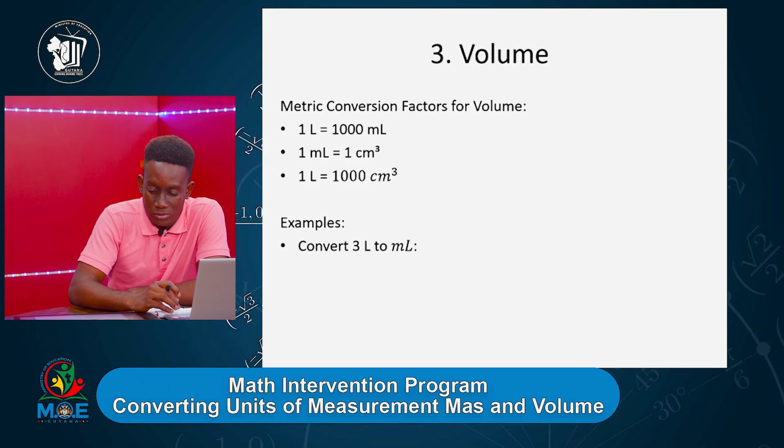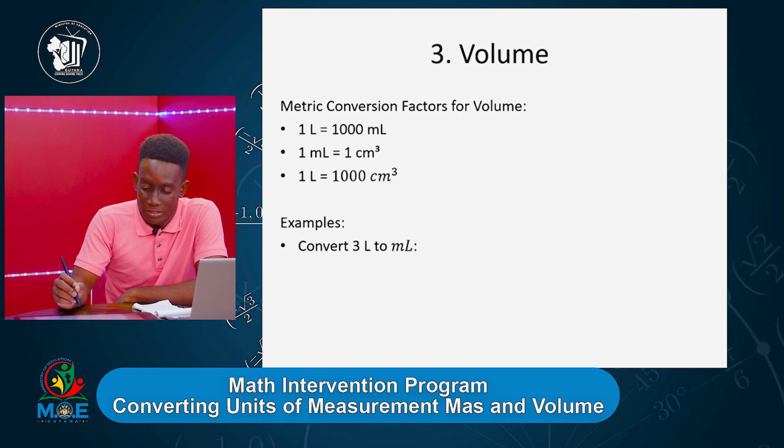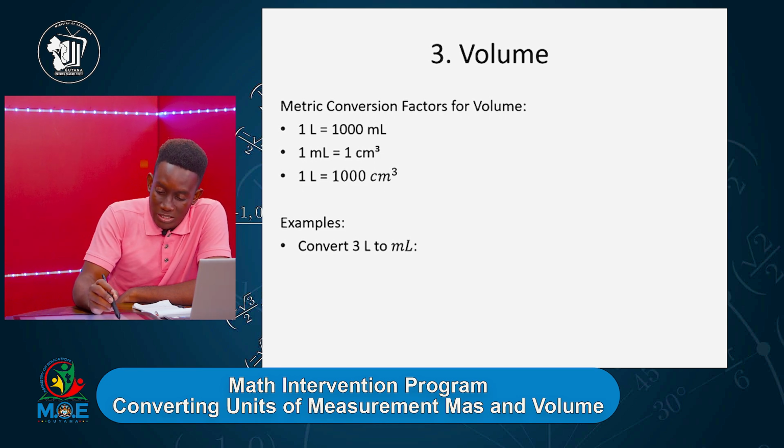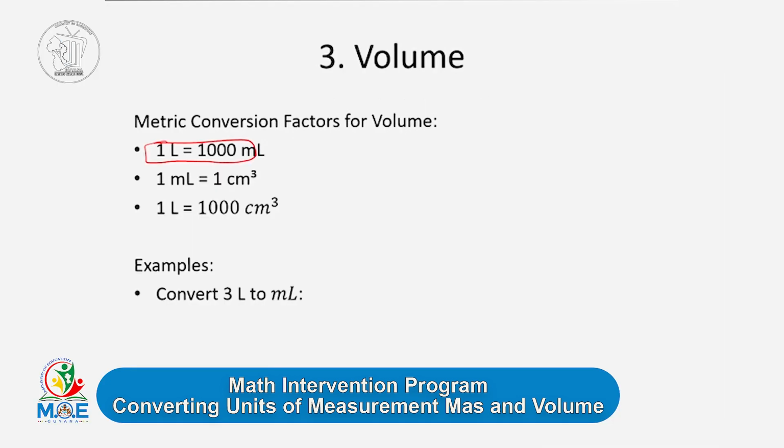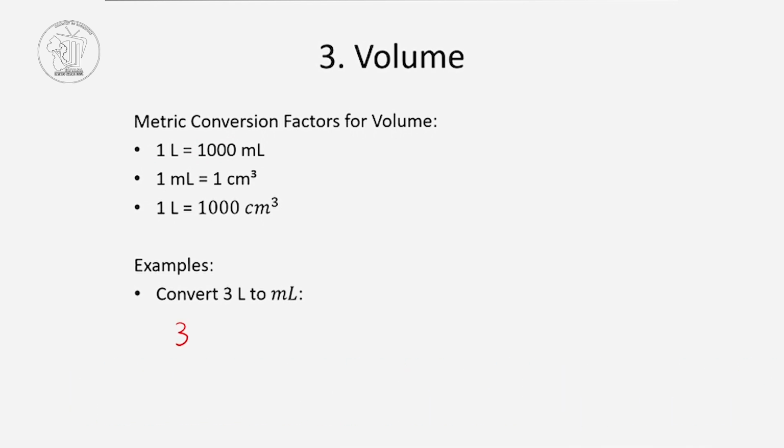Let's look at another example. We want to convert 3 liters to milliliters. So once again, we are using the same conversion rate, but in this case, we are converting from a larger unit to a smaller. So that means we have to multiply. So this will be 3 multiplied by 1000 in this case.